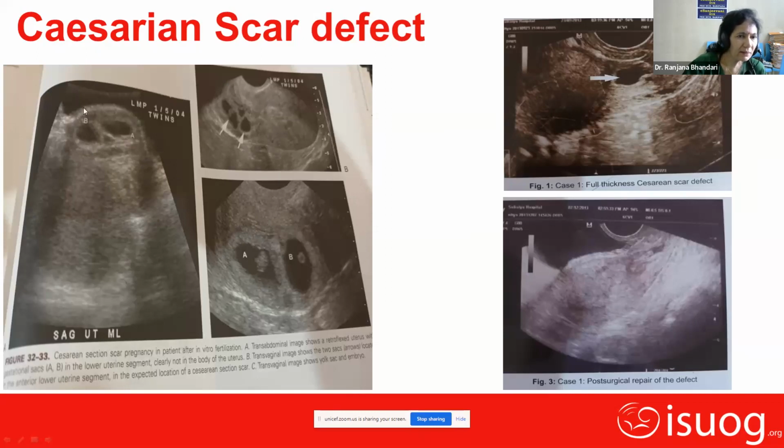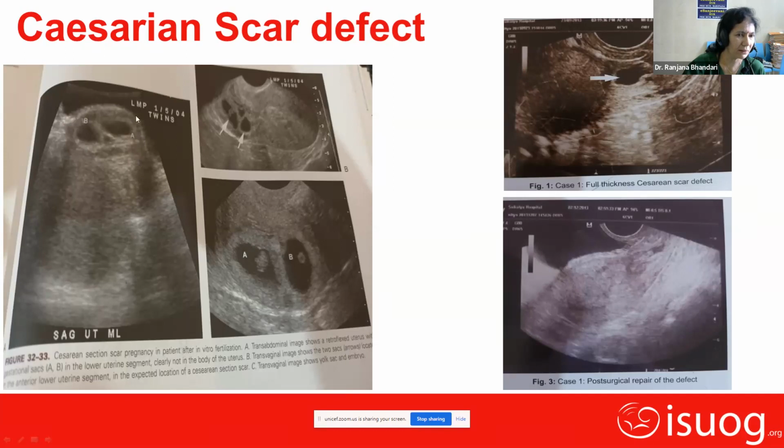It is near the anterior portion, near the posterior part of the urinary bladder. Only a very thin myometrial lining, maybe 2 to 3 millimeter, you can see just between urinary bladder and the ectopic gestation. And when we put the Doppler, we see a lot of ring of fire appearance, which we see in the ectopic.